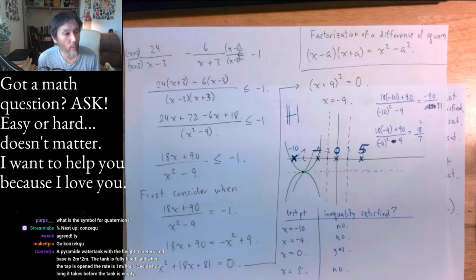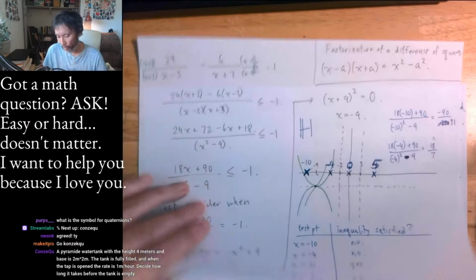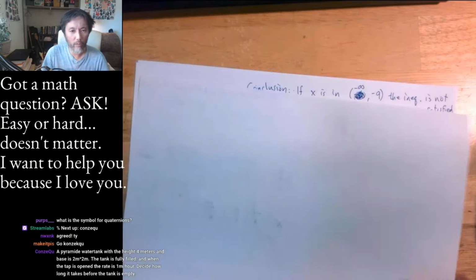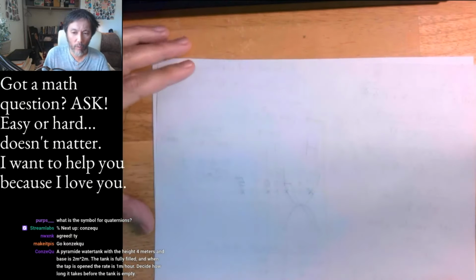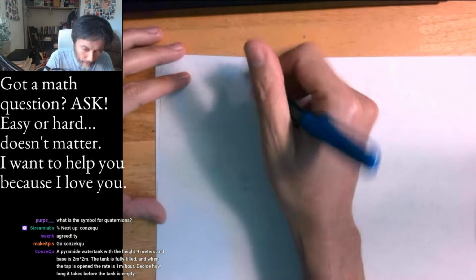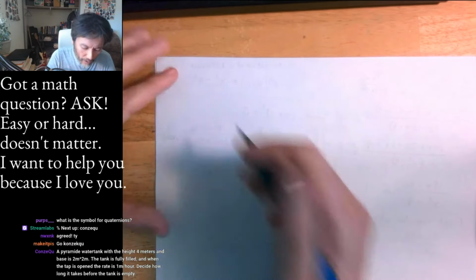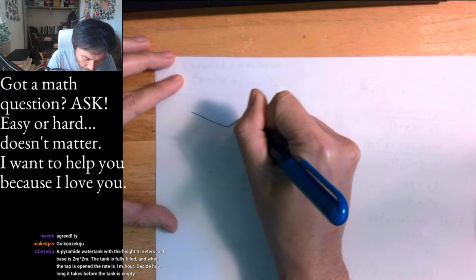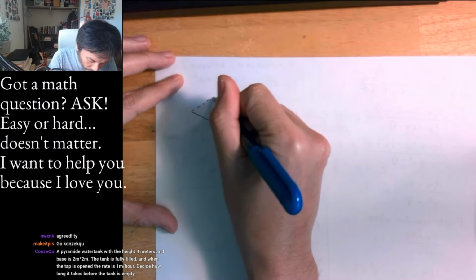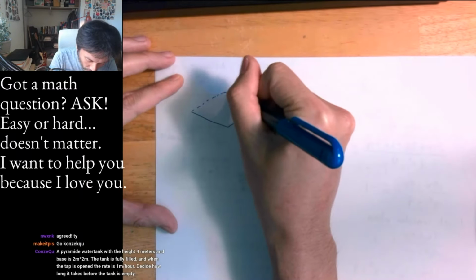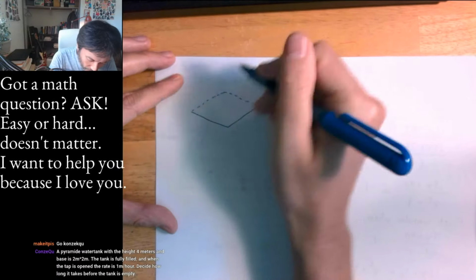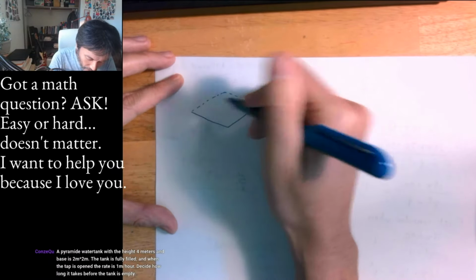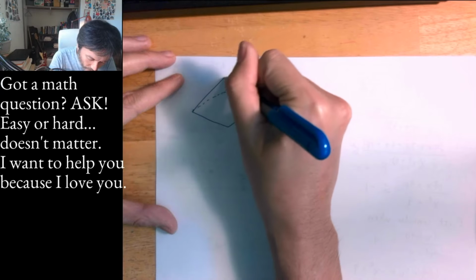Aha. So really the key thing here is to figure out the volume. Do you know a formula or a fact about the volume of that pyramid tank, water tank? It's always helpful for me to draw a picture. So we have something that looks like this.